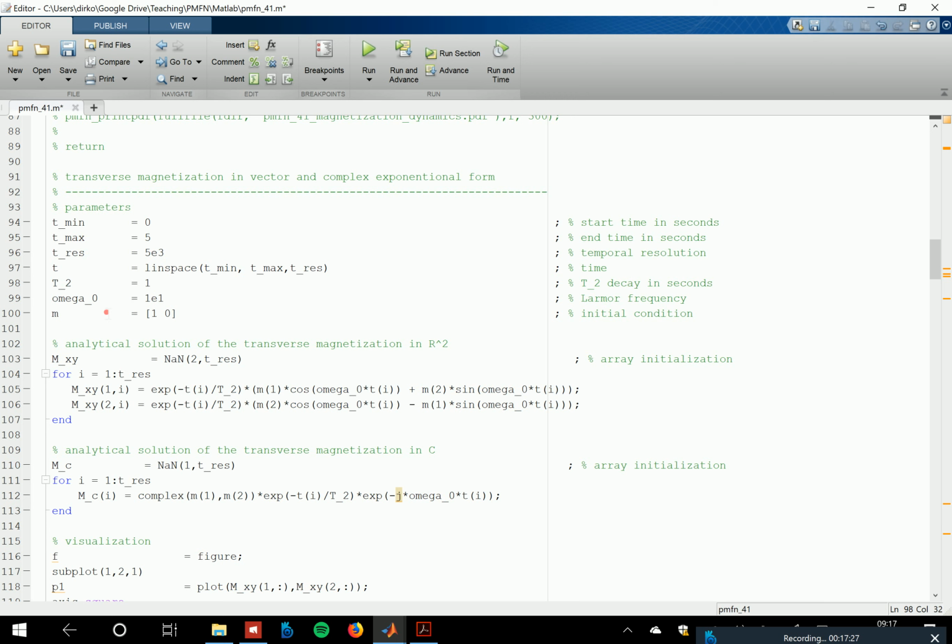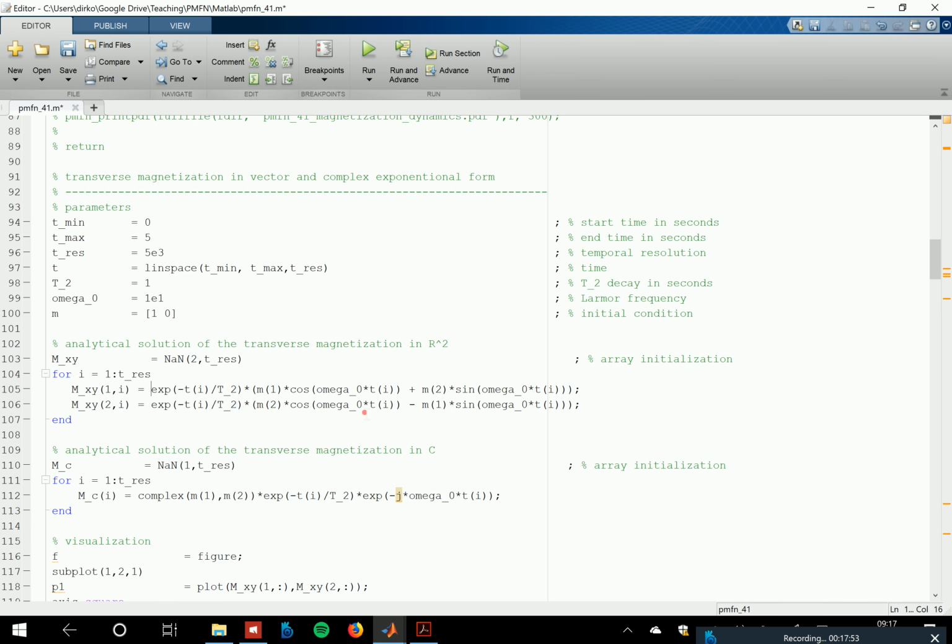I define some time constant, and then in these lines I'm just evaluating the transverse magnetization, again for our delta B of t being 0. So here I have a 2D vector that I'm filling with this exponential times the cosine and the initial condition.